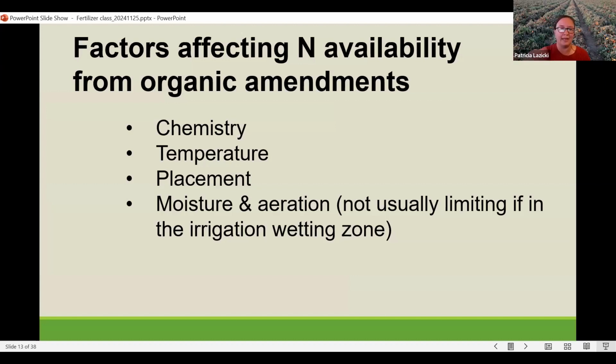They'll happen faster at higher temperatures, placement, and then also, of course, moisture and aeration, which if they're being incorporated into the soil in the wetting zone, usually these probably aren't going to be limiting. But if you have a dry soil, then there are things that you'll need to take into account. So I'm just going to focus on the first three.